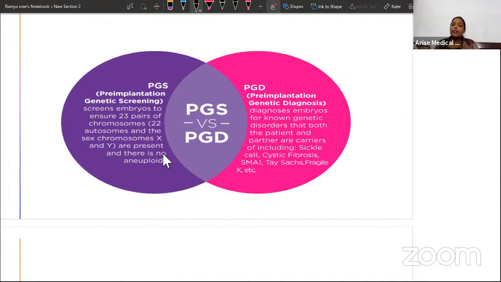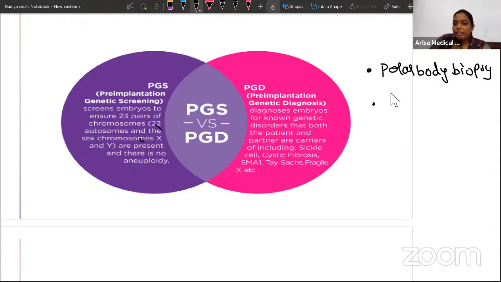Once you know that this embryo is perfectly fine, you put it into the uterine cavity. You do the blastocyst transfer on day 5. You have three ways for screening or diagnosis. You can take the polar body and do the biopsy, but the problem is you get genetic material only from the mother.